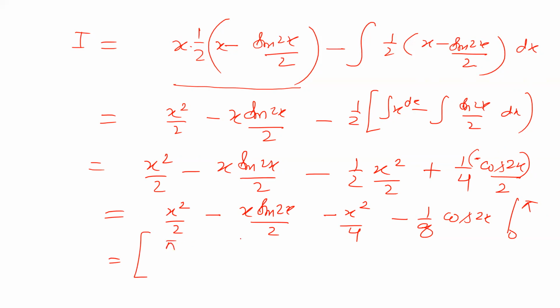Then here we can apply the limit. So pi upper limit minus lower limit. So pi square by 2 minus, here you get pi into sine 2 into pi by 2. You know sine 2 into 2 pi will get the 0. It is a sine waveform like that. Sorry, this is my 2 pi.